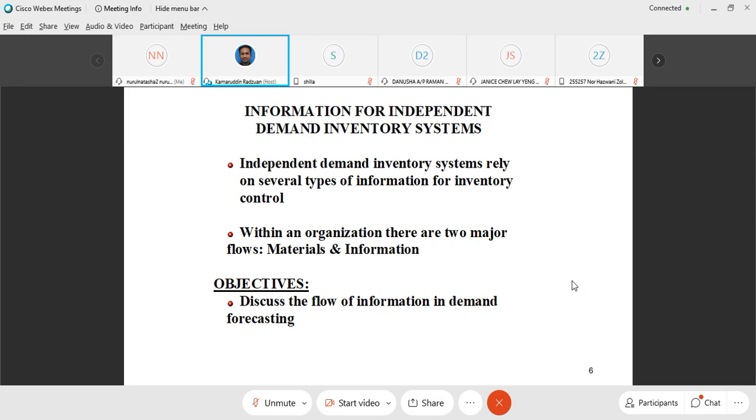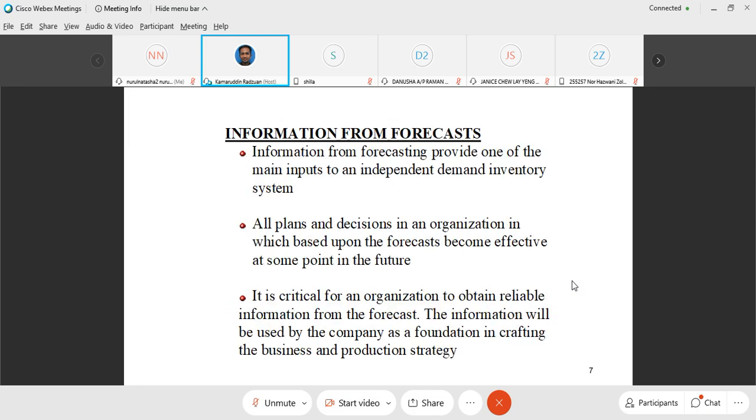Dan antara maklumat yang sangat penting kepada independent demand adalah forecast. Among the important information for the managing and controlling the independent demand is forecast.